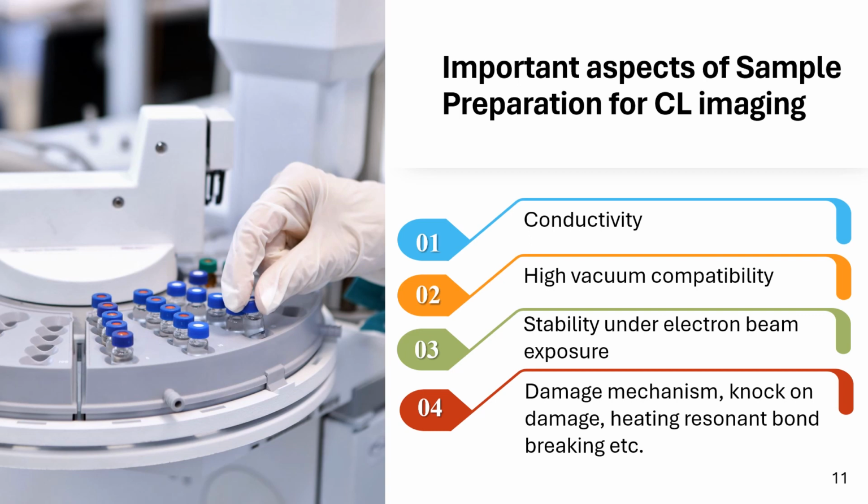It also has to be compatible with high vacuum. We should also be careful of different possibilities when electrons strike the sample. We should be aware of different damage mechanisms, like knock-on damage, heating, and bond breaking, so that we don't get misleading information and can perform cathodoluminescence very well.